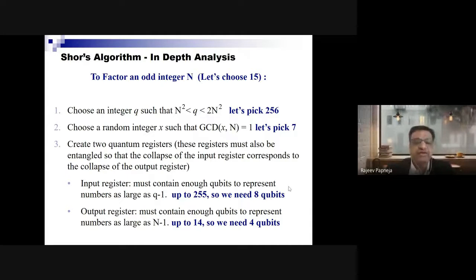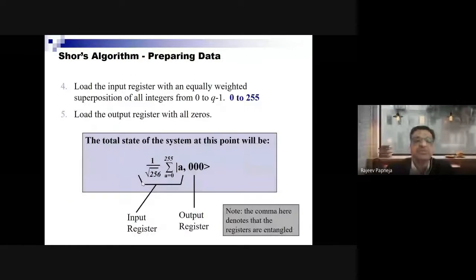So we need 8 qubits. The output register must contain enough qubits to represent numbers as large as n minus 1. N is 15, so we should be able to house at least 14. So we need 4 qubits because 2 raised to 4 is 16. So 4 qubits can house the output.